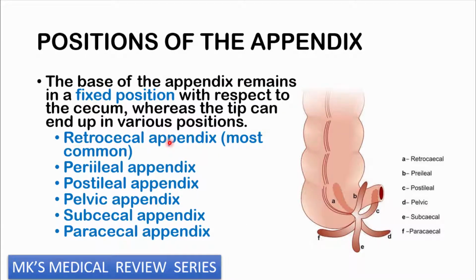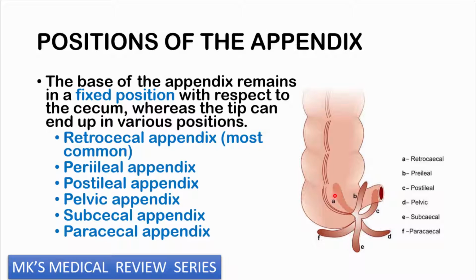So the base of the appendix actually remains in a relatively fixed position with respect to the cecum, but you can have the tip of the appendix end up in various positions. There are about 6 positions that you really need to know. The most common is the retrocecal appendix, the one that is depicted as A here, behind the cecum.